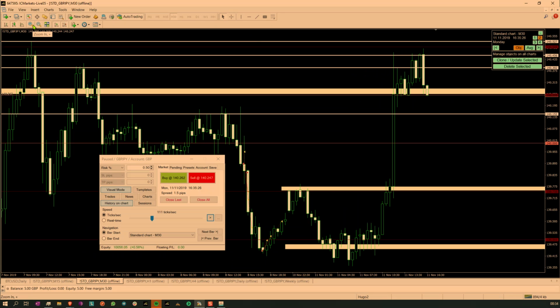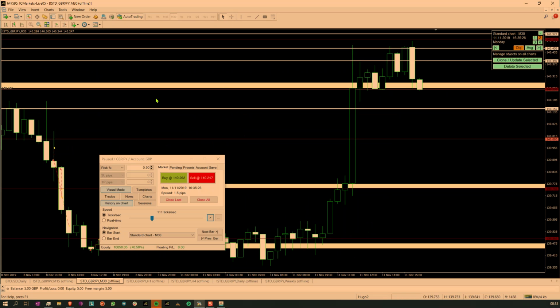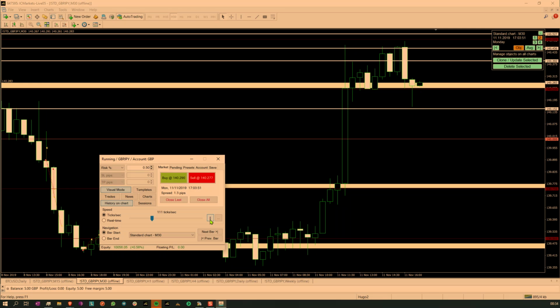It's just not enough range. It was quite nice, but it reacted from the zone immediately.